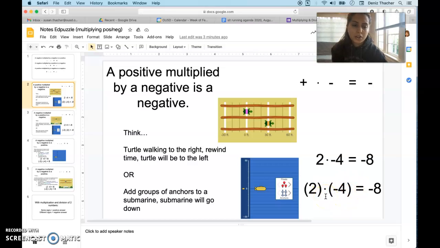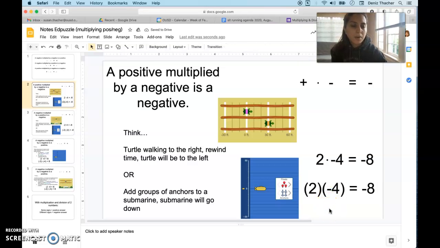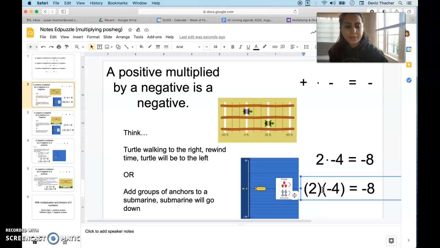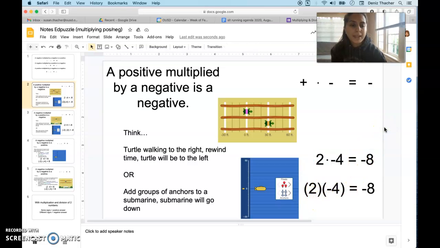This does not change the meaning of the problem, it's just a way to organize your work. You could even get rid of the multiplication sign as a dot, so you may also see the problem like this, without the actual operation or sign. There are other ways to also show multiplication. You may only see one parenthesis, or you may see an asterisk, which may look like a star.